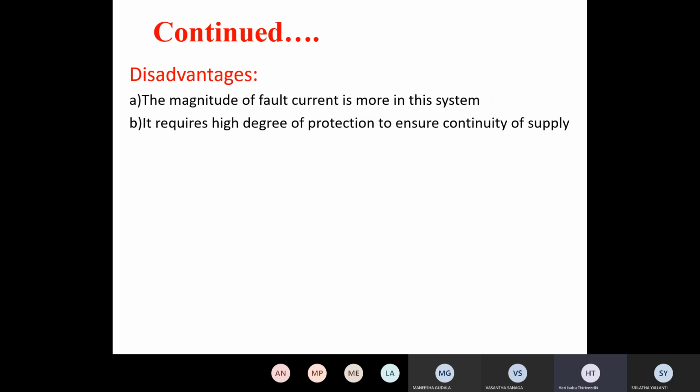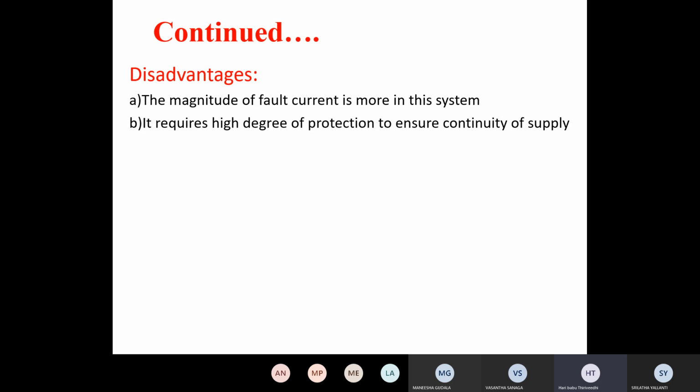Even though it has some disadvantages, the fault current is more in this system. Suppose a fault occurs, that fault current may be high. High fault current means auxiliary equipment may burn. Next, it requires a high degree of protection to ensure continuity of supply. Why?